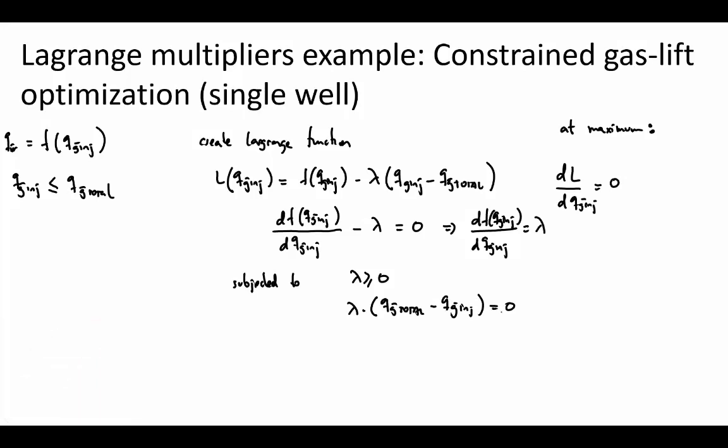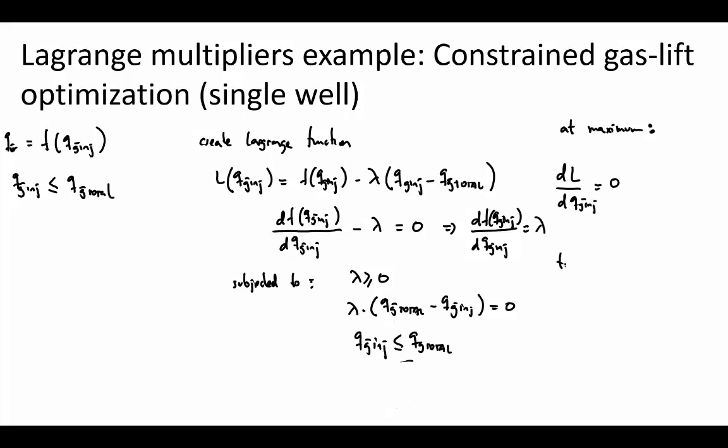And the other constraint we have is that the Q gas injection has to be less or equal than Q gas total. These are the additional constraints we have. We have this one, which was the original constraint, but then we have these two that are caused by adding that variable.